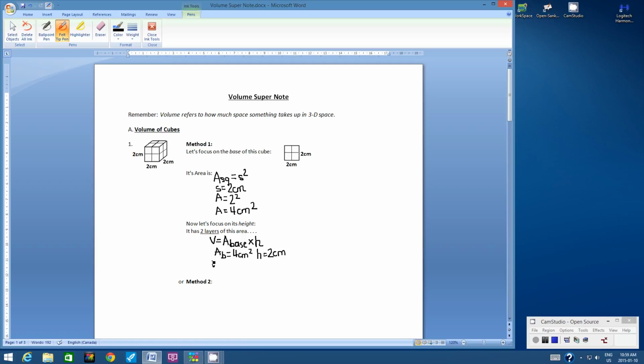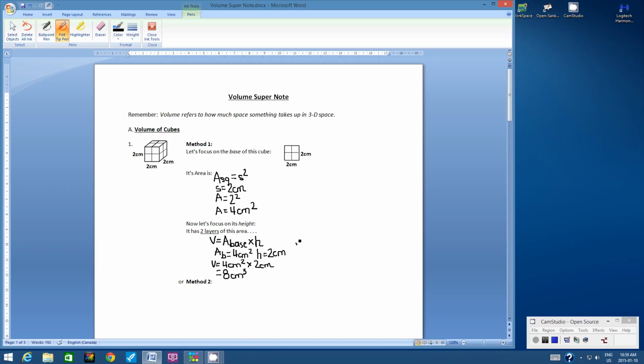Third line is our substitution line. 4 centimeters squared, which is the area of the base, times the height, how many layers we have in that prism. And then when we multiply them together, we have 8 centimeters cubed. Now, an important thing that you have to remember when we're talking about volume, the volume units are always something cubed.